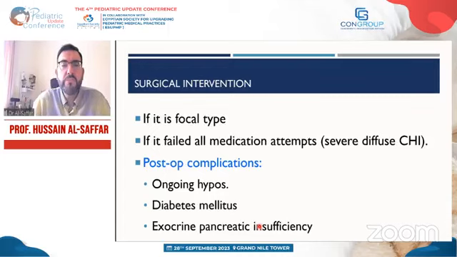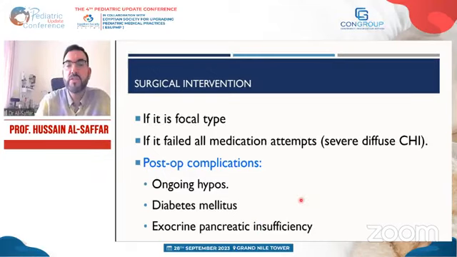But we need to bear in mind the post-operative complications, like perhaps some beta cells which are still functioning with no concordance to the body and producing insulin, so patients would continue having hypoglycemia. In the long run, patients could develop the vice versa of hyperinsulinism, where they have insulin insufficiency, having diabetes mellitus. And of course, by removing almost 98% of the pancreas, the patient could be at risk of exocrine pancreatic insufficiency.